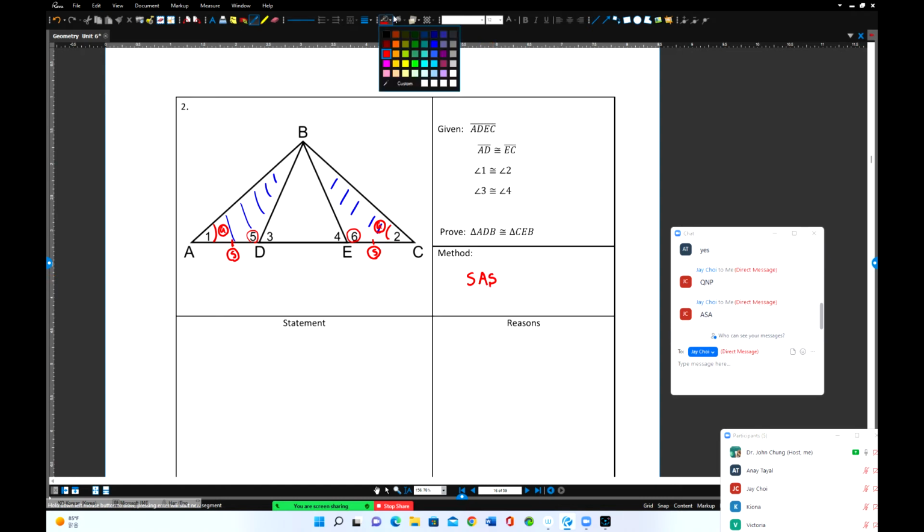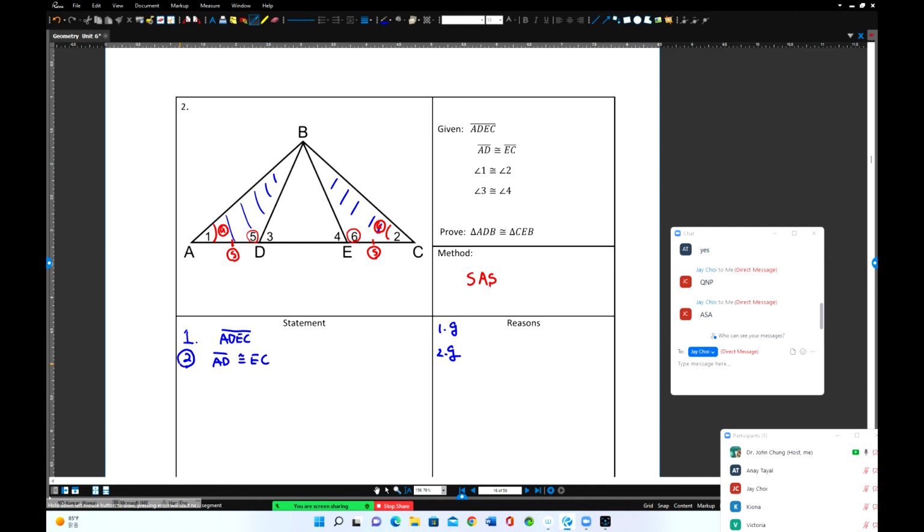So we can go angle side angle. Now let's prove this one. Number 1, given is AD, EC. And second one is AD congruent to EC. This is already done.